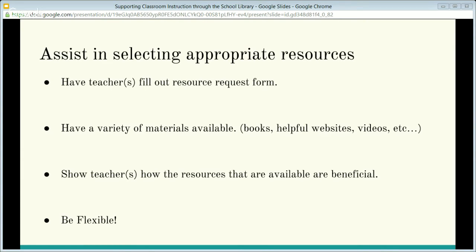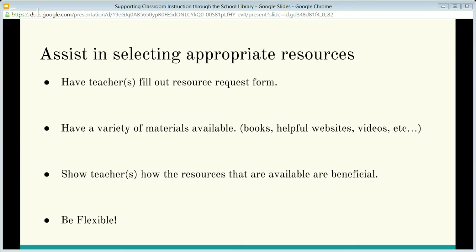Also, sharing helpful websites, that's important. So you have books, you have apps, you have websites, you have videos. Those are different materials that you can not only offer, but let your teachers and students know are available to them as well.